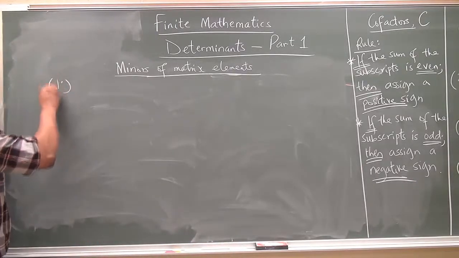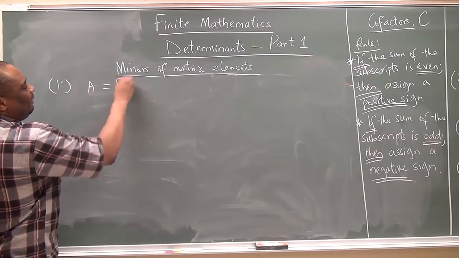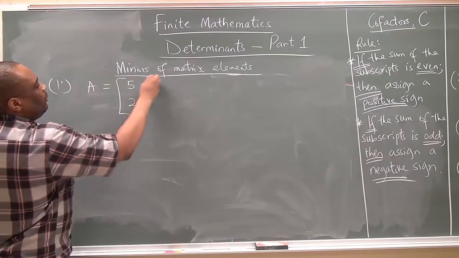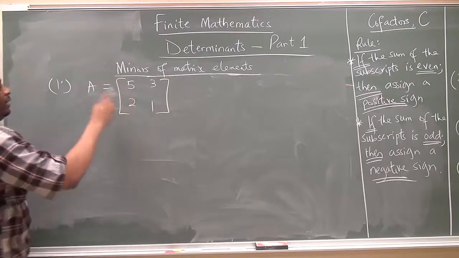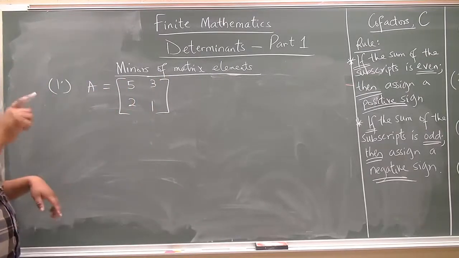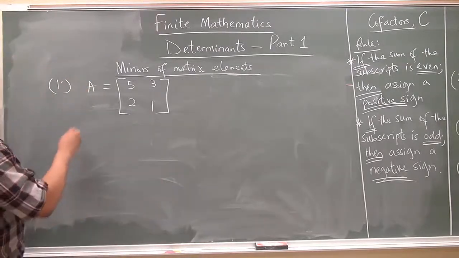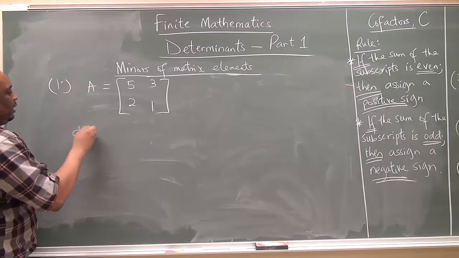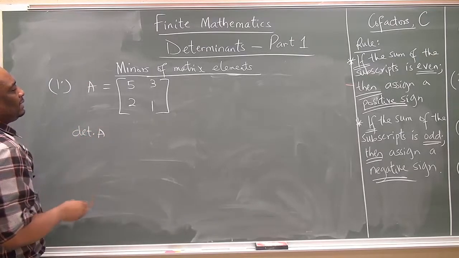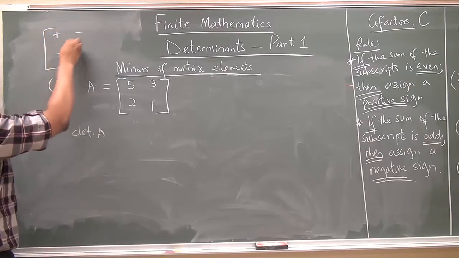Number 1: find the determinant if A is 5, 2, 3, 1. By row, 5, 2; by column, 5, 2, 3, 1. By row will be 5, 3, 2, 1. Now determinant of A. If we want to do this, the signs will be plus, minus, minus, plus.